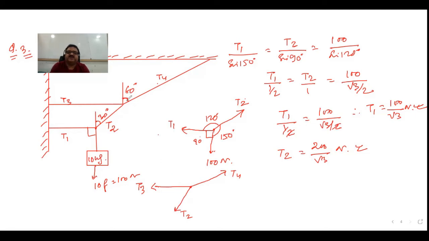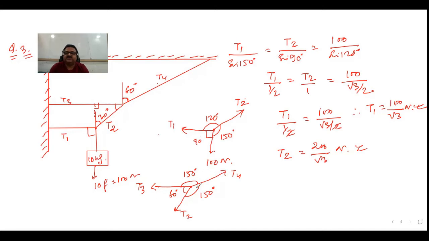This is 60, this is 90, so the angle between these two is 150. If this is 30 degrees and I close the triangle, 90 plus 30 is 120, so this angle is 60. 150 plus 60 is 210, so this will again be 150. You can check the calculation here.